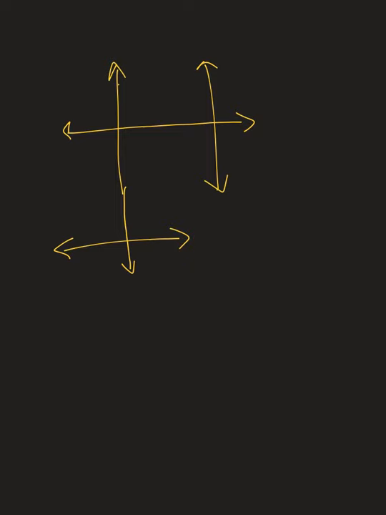So if I have line WX, line ZY, line UV, and line AB.